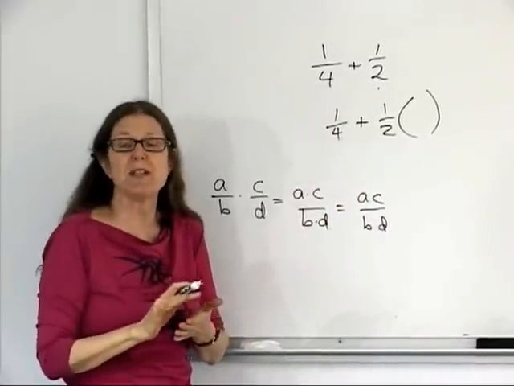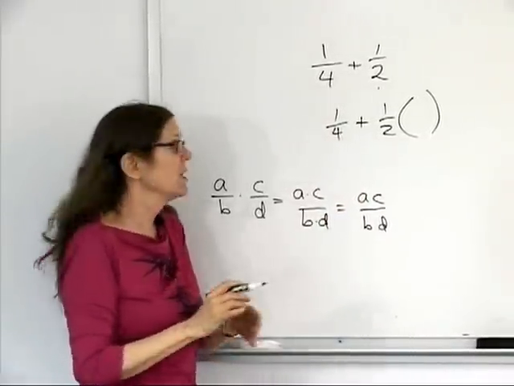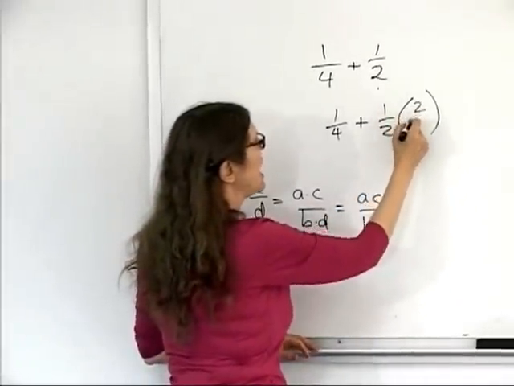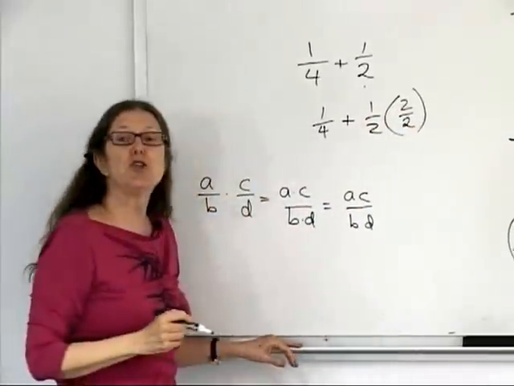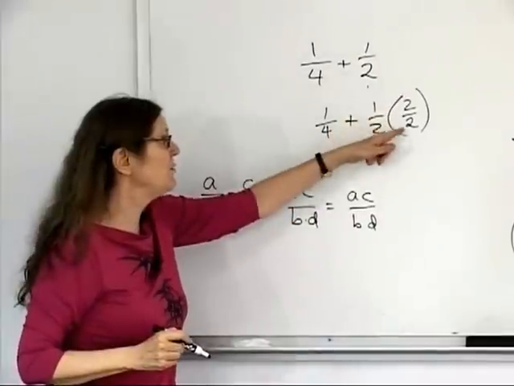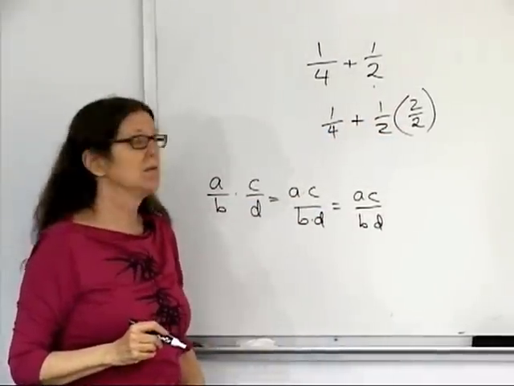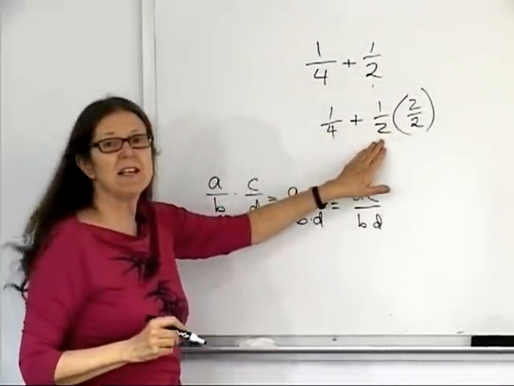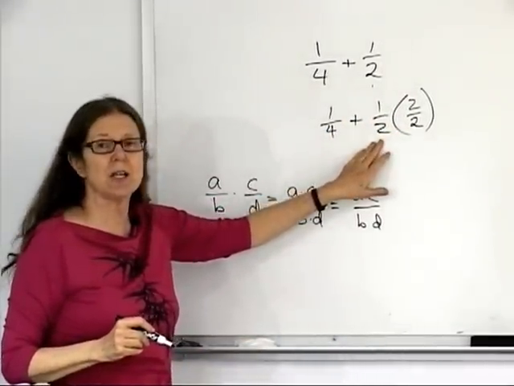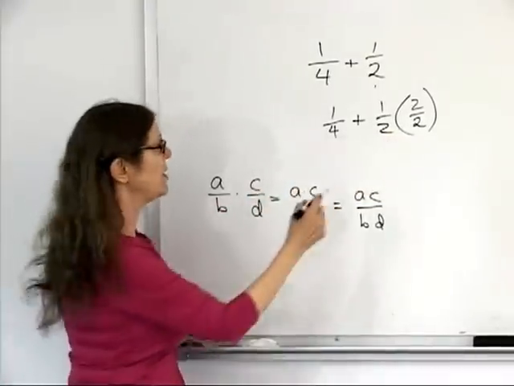Multiplying 1 times something does not change the value. Now, if I multiply by 2 over 2, 2 divided by 2 equals 1. 1 times anything is itself, so I'm not changing the value of the 1/2.